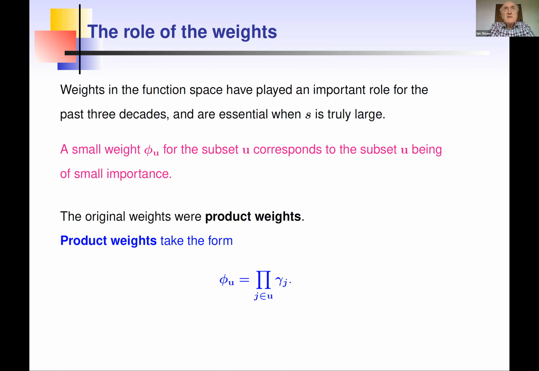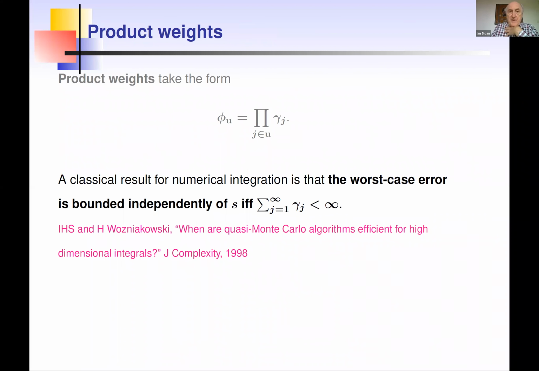The original weights, starting 25, 30 years ago, were all called product weights. Product weights take this form: for a subset U of the integers 1 up to S, they're just a product of positive numbers gamma j. But that doesn't quite tell you everything. The gammas have to, in some sense, decay.